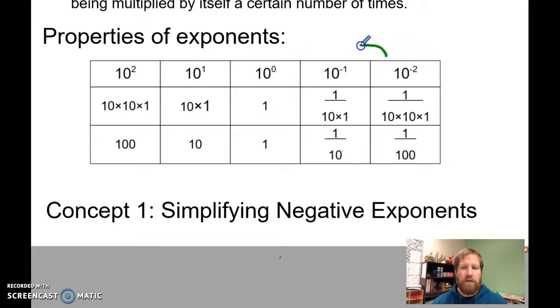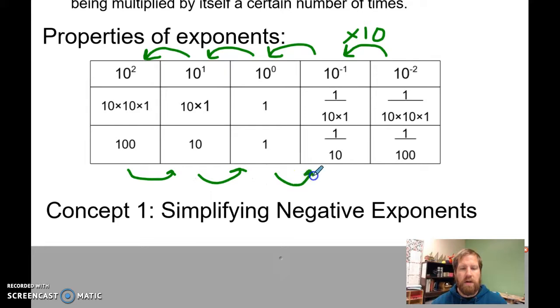So every time you increase the exponent, every time you go to the left on this table, we are multiplying by 10, or multiplying by the base. In this case it's 10, but we're multiplying by the base. Every time we go to the right, so we're decreasing our exponent, or going closer towards negative exponents, we are dividing by 10.